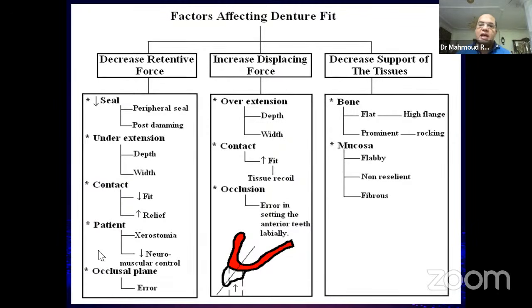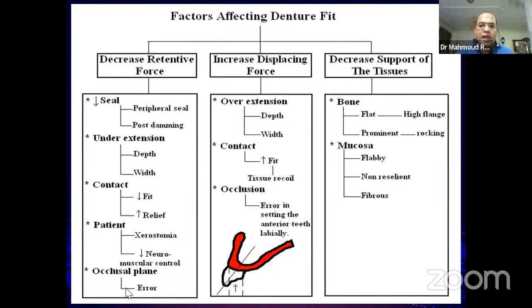The patient may gain it from training, if we have a new denture for the first time; after training, the muscles may adapt to the new denture. But we have gifted patients that can control very bad dentures with their muscles and keep them seated with their muscles only, without being good dentures.